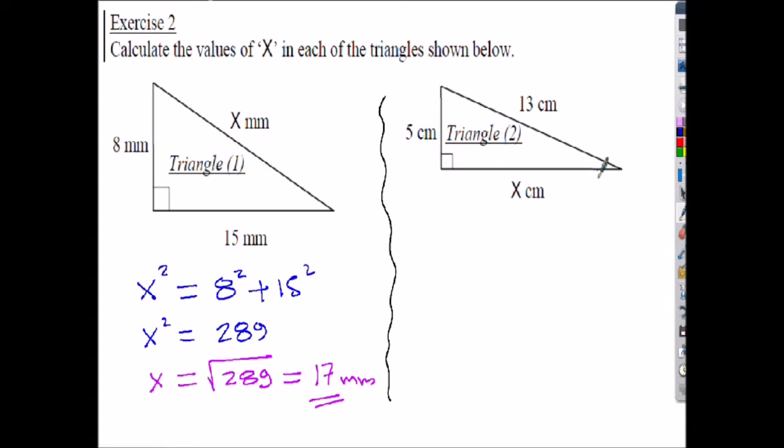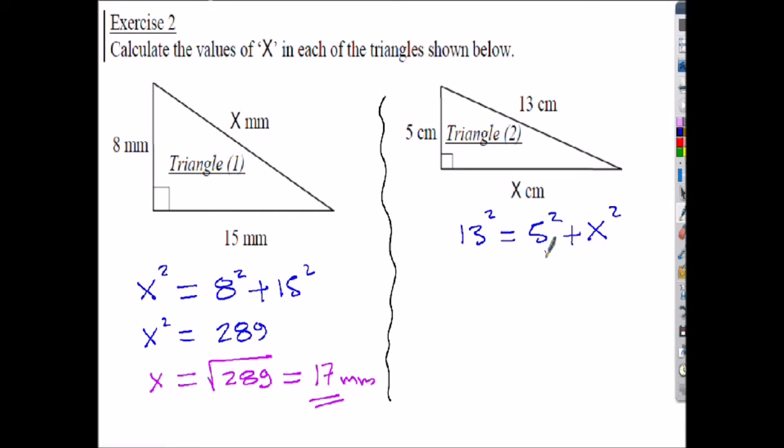In triangle 2, we're given the hypotenuse. We can clearly see it is 13 centimeters, the longest side of the triangle, and we've got to find this side labelled x. So applying Pythagoras Theorem to this triangle, we would get 13 squared, the square of the hypotenuse, is equal to the sum of the squares of the other two sides. So that would be 5 squared plus, in this case, x squared.